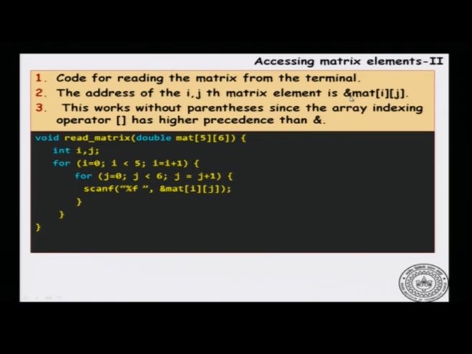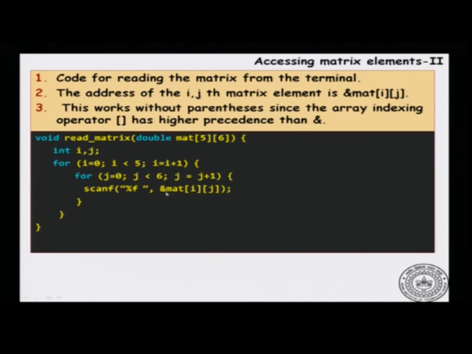So, let us look at the code, and the code looks exactly like the print routine, except that we are now scanning a number. You have an outer loop which will go through all the rows, and then an inner loop which will go through the columns of the ith row. And how do you scan? You say scanf %f and &mat[i][j]. Remember, if it was just a double variable instead of an array, you would have just said & of the variable name.